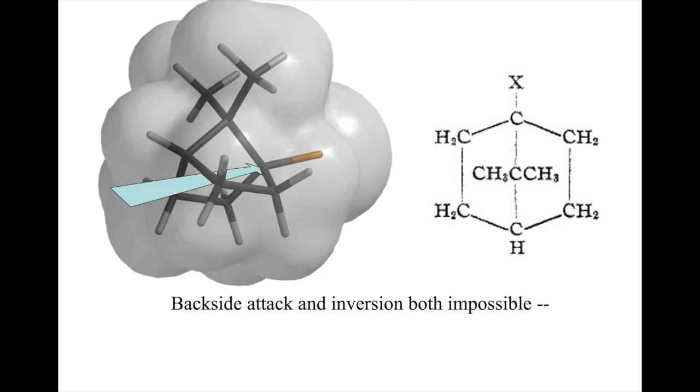I can't have some nucleophile pointing in the middle of this strained, crowded ring system. That just doesn't work. So there's no way I can do backside attack, and even if I could, there's no way I could have a stable inversion product, because of the geometry and the ring strain involved in the system. So if attack happened at all, it'd have to be that weird front side thing that we drew earlier.